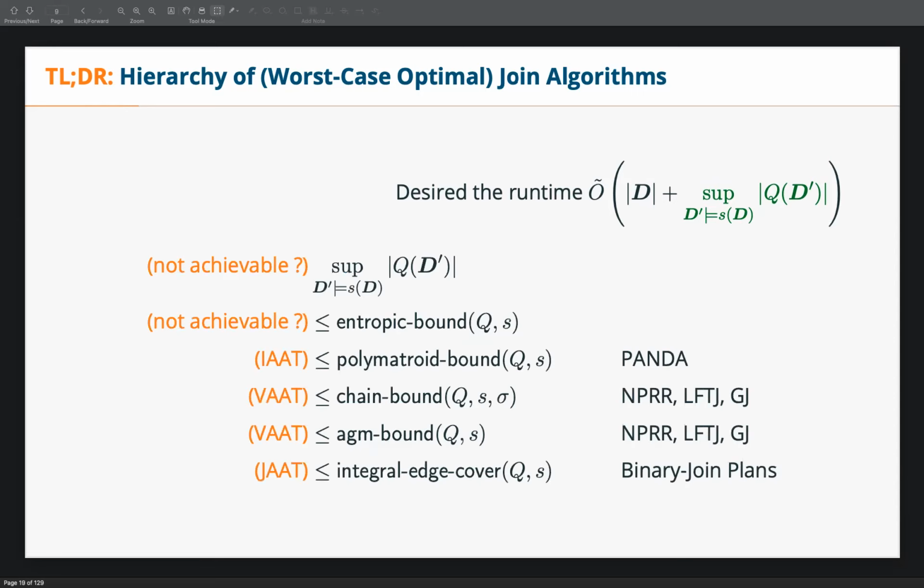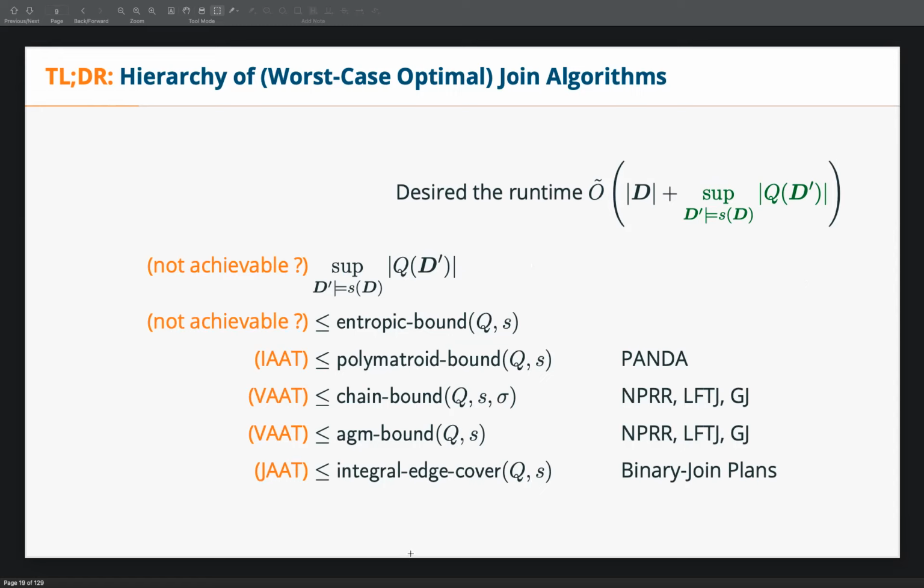Now the runtime of an algorithm depends a lot on how you compute this green quantity right here. It turns out, as Dan probably explained in the last lecture, that computing this bound is not trivial.